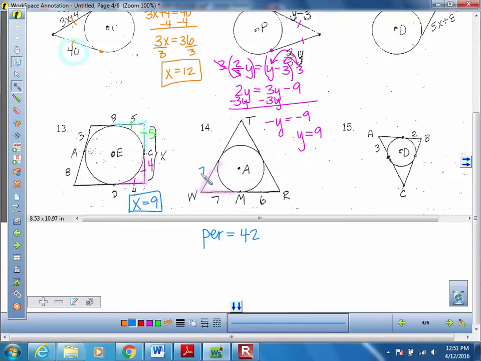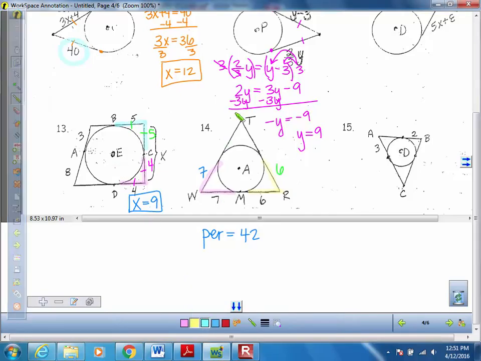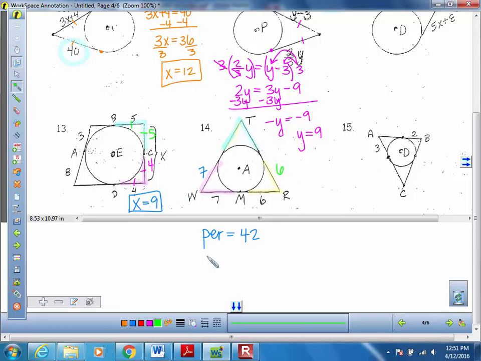So this would be 7. Then I know this tangent line and this tangent line are going to be equal. So this would be 6. Now, the only thing that I do not have are these two up here. But I know they're the same, right? So what could I let them both be? X. So we're going to let this be x and x.